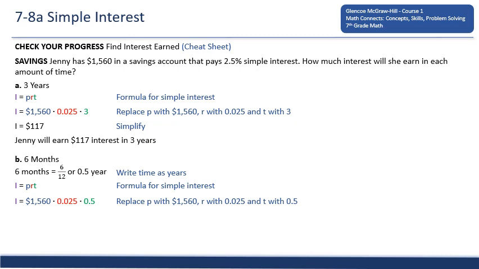Our formula becomes interest equals $1,560 times 0.025 times 0.5. If we simplify that by multiplying, interest equals $19.50. So Jenny will earn $19.50 interest in 0.5 years, or in 6 months, or half a year, however you want to state that.